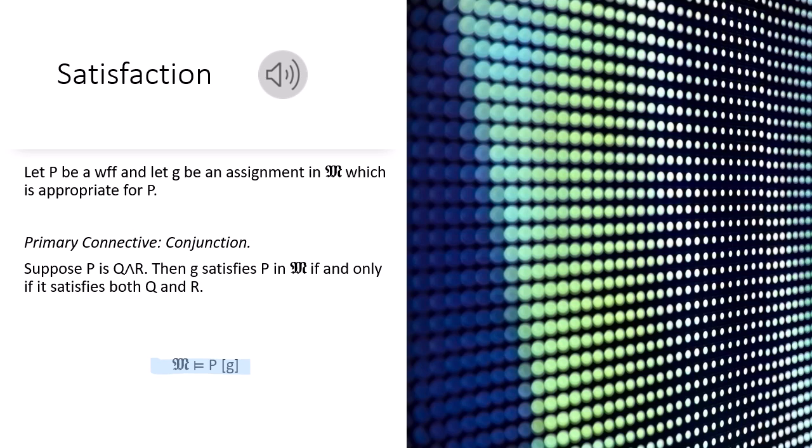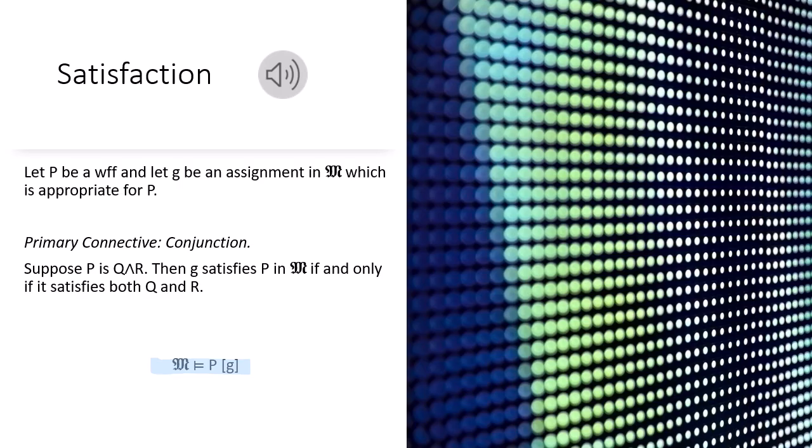So again, similar to the previous slide, we now assume our primary connective maybe was conjunction as opposed to negation, in which case we're assuming that P is the conjunction of two well-formed formulas, Q and R. And again, because Q and R have fewer connectives in them, we can assume that we know whether or not the structure M satisfies those particular well-formed formulas with that variable assignment G. Now, we'll say that G satisfies P, that conjunction, in M, if and only if it satisfies both Q and R, both of the conjuncts.